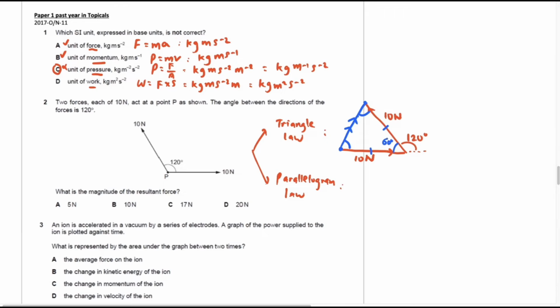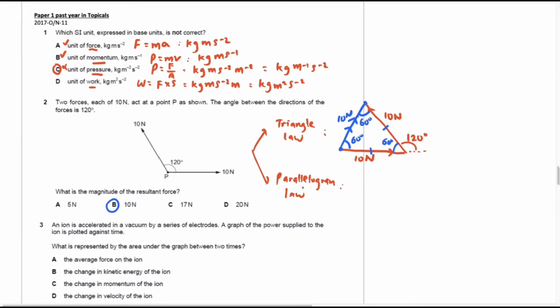Since here is 60, 180 minus 60, we still have 120 for these two. 120 divided by 2 is 60. And we end up with an equilateral triangle, and hence the resultant should be the same value because this arrow is the same length as the rest. So it's still 10 Newton. There we go.